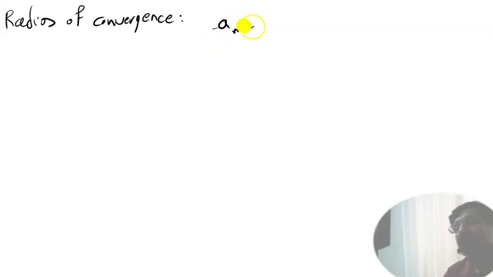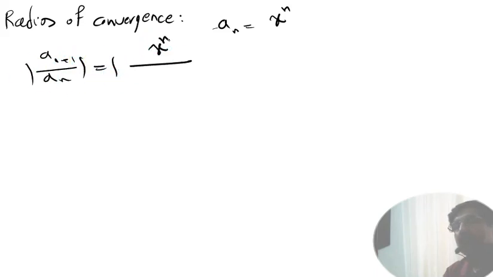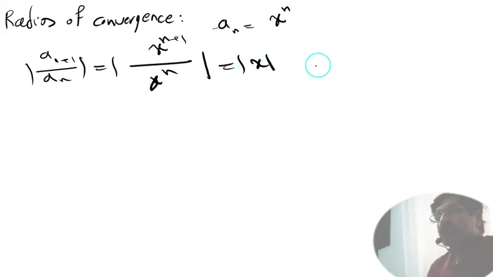Okay, a_n is x to the power of n. a_{n+1} over a_n is x to the power of n plus 1 over x to the power of n, that is the absolute value of x.